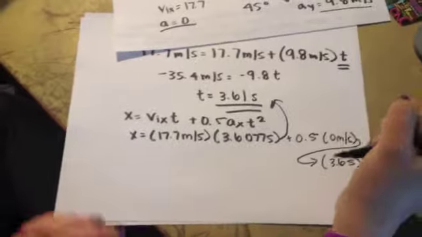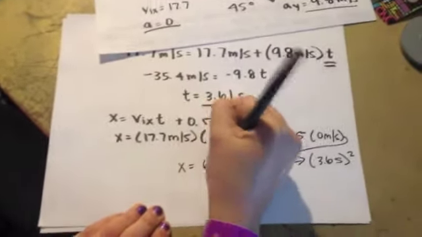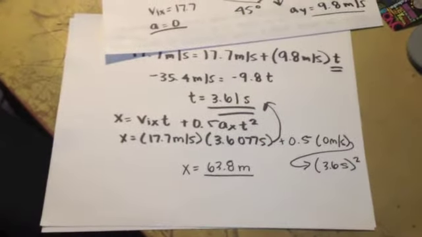Solving that, x equals 63.8 meters, which is the total distance traveled.